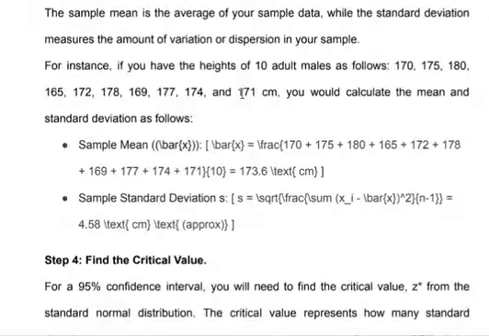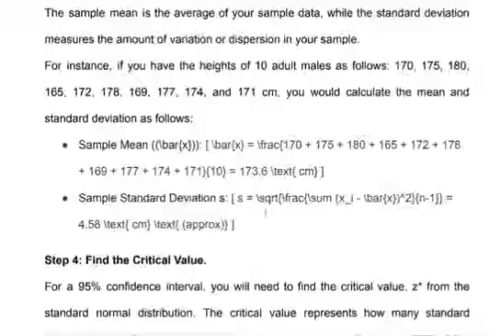For instance, if you have the heights of 10 adult males as follows: 170, 175, 180, 165, 172, 178, 169, 177, 174, and 171 centimeters, you would calculate the mean and standard deviation as follows. Sample mean. Sample standard deviation S.